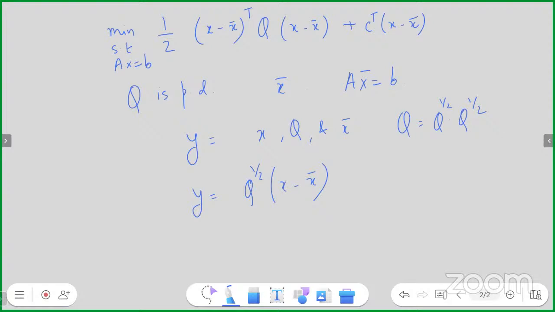You can always write this, and you can take positive definite, symmetric, whatever you want. Not a problem. So what happens to the first term? Over here, the objective is y transpose y plus what?